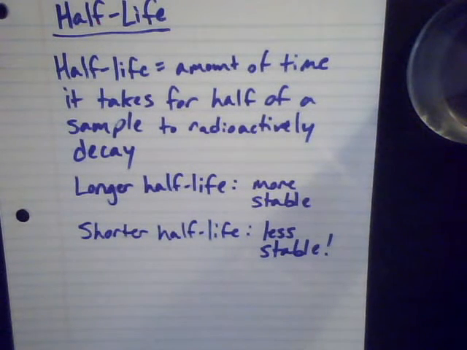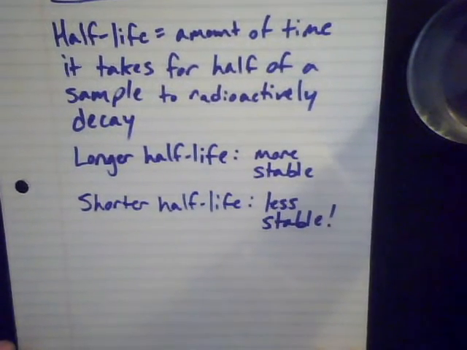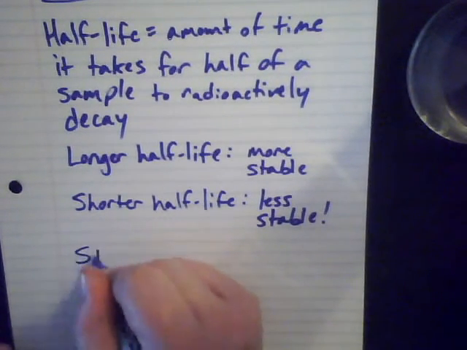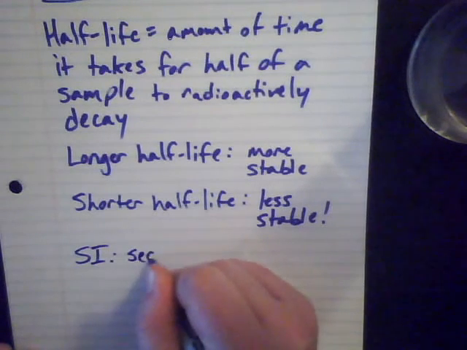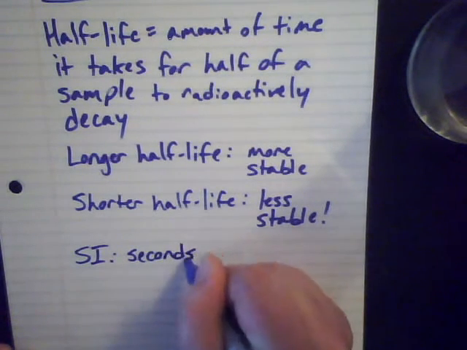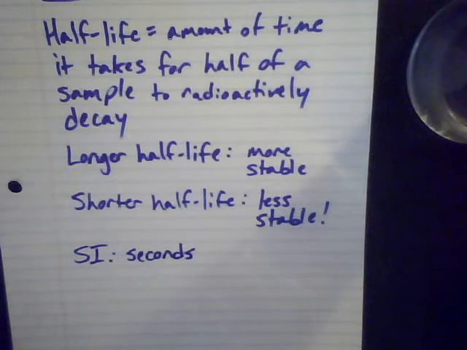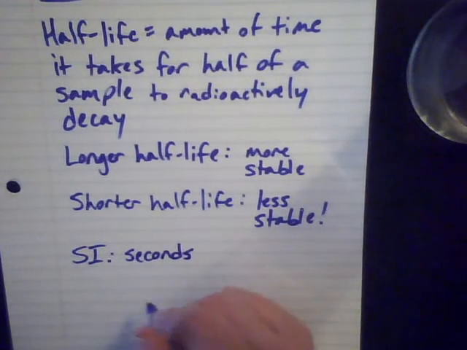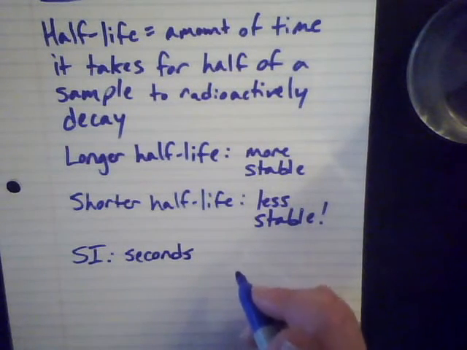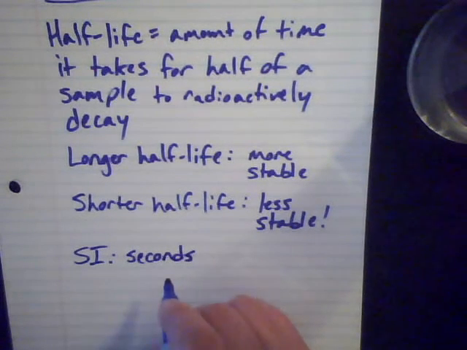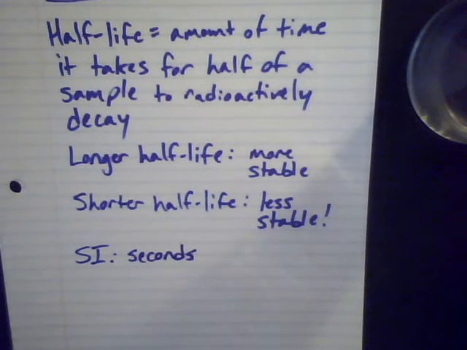So if we were thinking about this in terms of SI units, the SI unit for time is the second, so we could have measurements in seconds, for instance. But you're also going to see half-lives on the orders of days, years, right? Billions of years, okay? And the shorter, again, the half-life, the less stable it is, and the longer the half-life, the more stable it is.